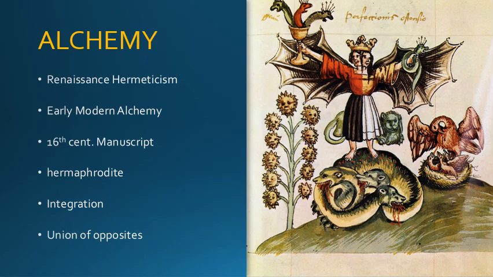We have an example on this slide of a 16th century alchemical manuscript. Remember, Hermes is sort of central to this whole tradition, where we have the depiction of a hermaphrodite, a figure that is a combination of male and female characteristics.